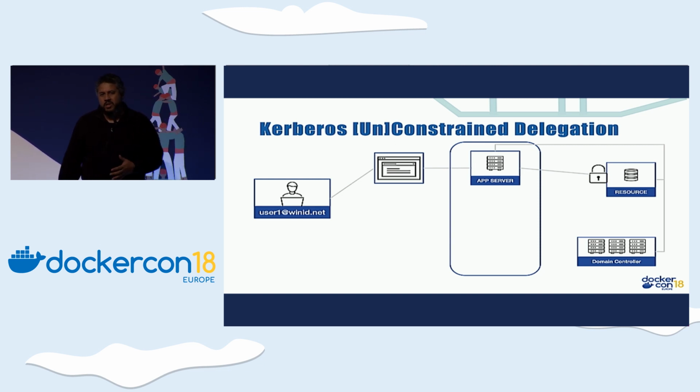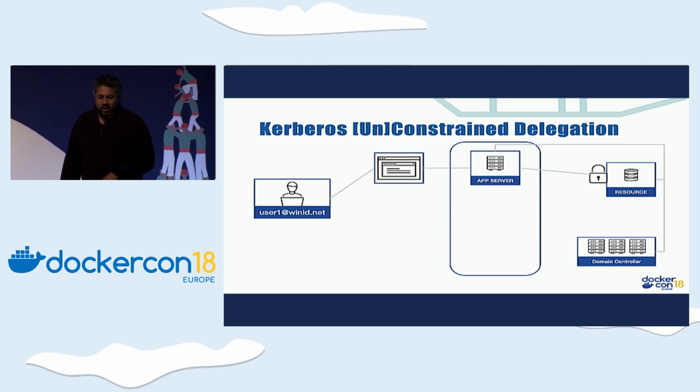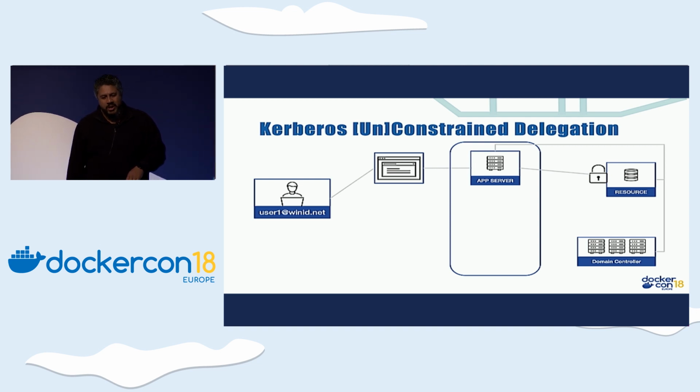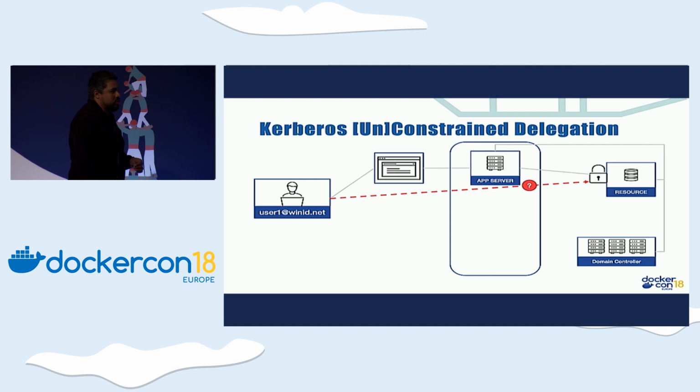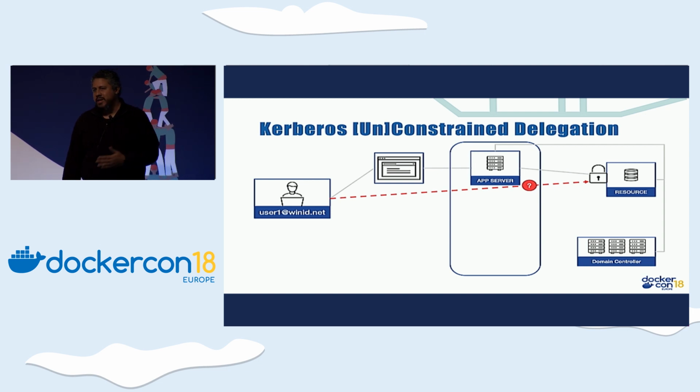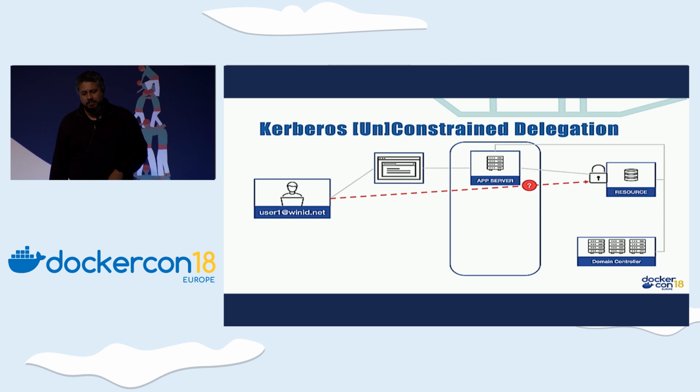So in this case, we've got a user logging onto an app server, we've got a protected resource, but how does that app server pass that user's credentials all the way to the back? These scenarios would be like file shares, or if you're connecting to a SQL server, let's say it's an HR database, and you want to do row-level security within a database, right?